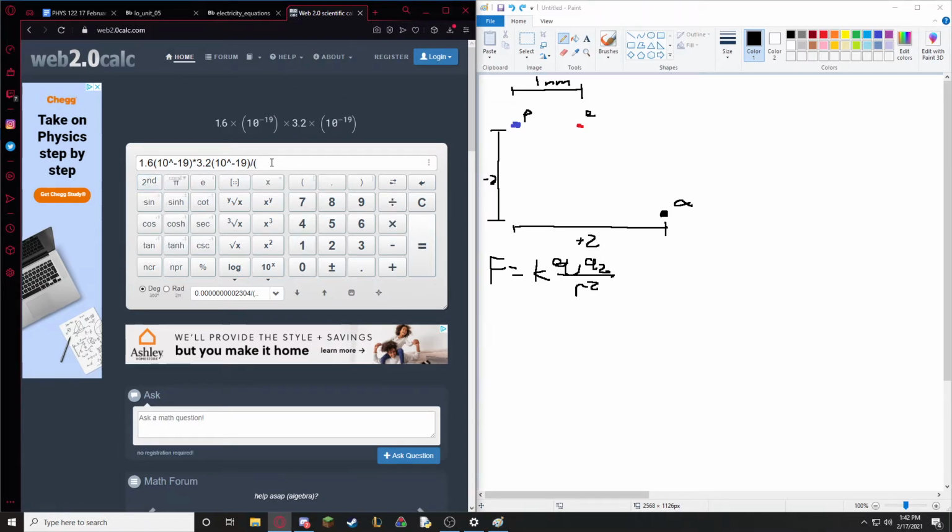Divided by, we'll call it 8 nanometers. And because it's nanometers, we have to have our 10 to the minus 9 to convert, and then square it. 10 to the, call it 10 to the minus 18. It's the same thing as if we did root 8 times 10 to the minus 9 squared. 8 times 10 to the minus 18. And then our constant k, which is, once again, 9 times 10 to the 9.